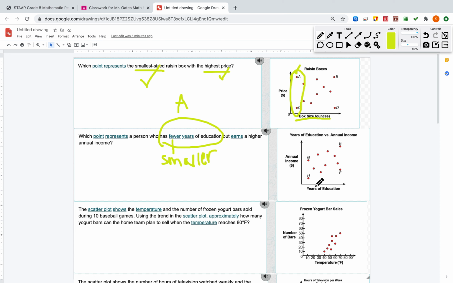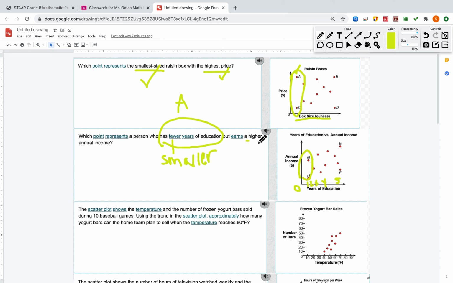If I go to the years of education axis, this should be 0, and as we go further away, they have more and more years of education. You could think of it like this: here's 1 year, here's 2 years, here's 3 years, here's 4 years, here's 5 years. Well, we know the fewer years are going to be H and G.